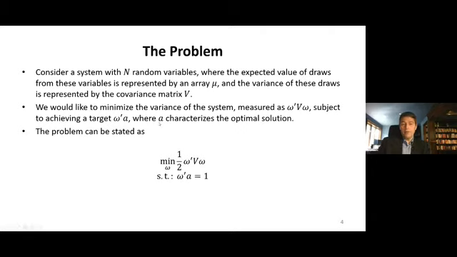For instance, if you replace this A array with mu, then the solution is that we are going to maximize the Sharpe ratio portfolio. If you replace this A array with entries equal to 1, then the solution is going to compute the minimum variance portfolio.